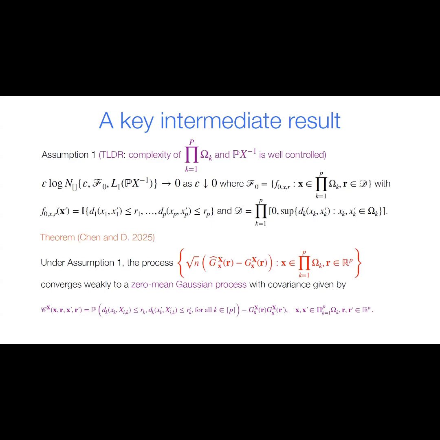What we need is for this class of indicator functions to have finite L1 bracketing number. Not only finite, it needs to have this rate. Again, this is very mild.